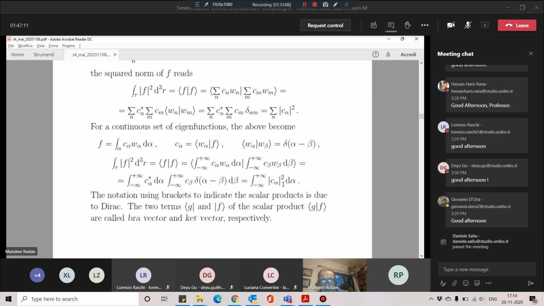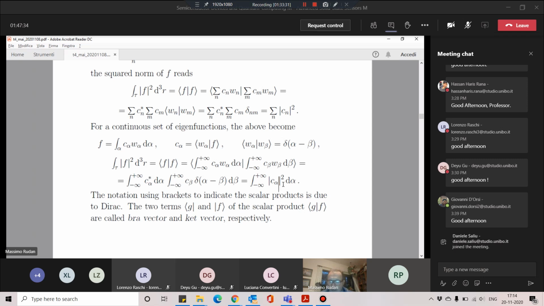But this is more general, because we are not anymore just in the Fourier analysis. We assume that we have a complete set of orthonormal functions that we are using for the expansion. They are not necessarily anymore the functions that are used in the Fourier analysis.